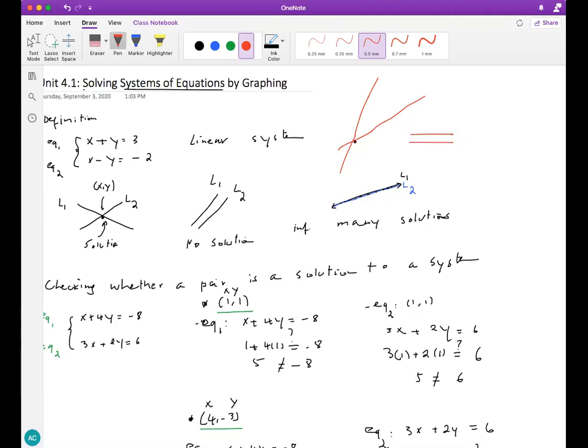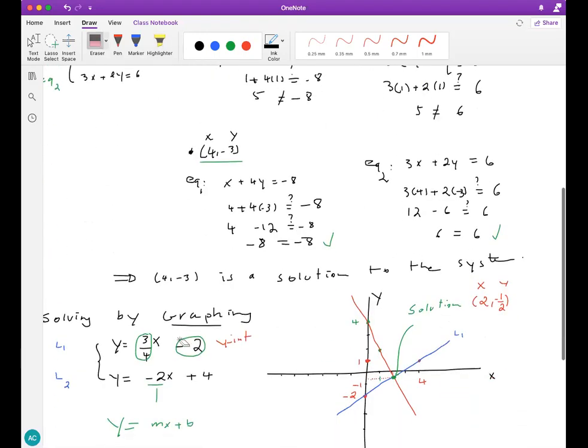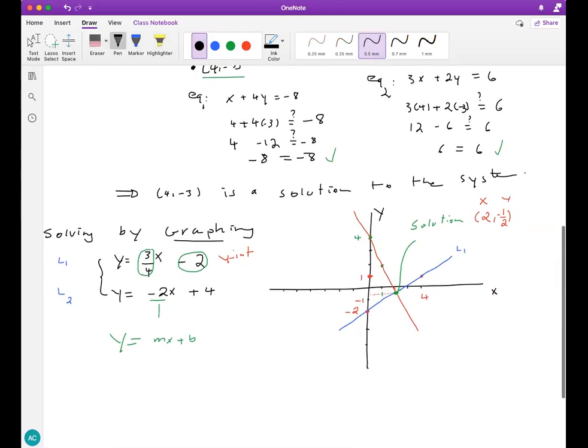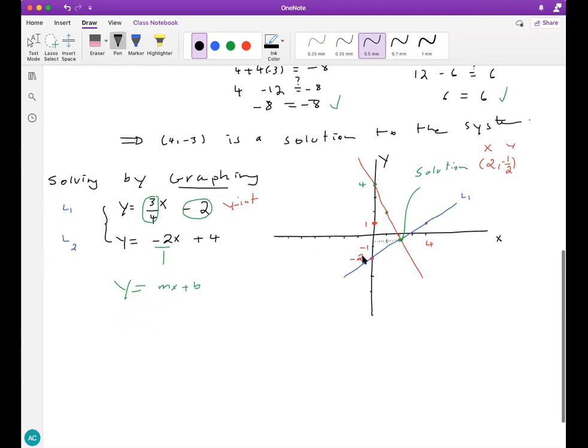This is no solution, but sometimes you have to extend your line before you say they don't meet. Or the third case is when you end up with the same line when you graph both. That's fine, just draw both of them on the same graph. If they end up overlapping, you say there are many solutions.